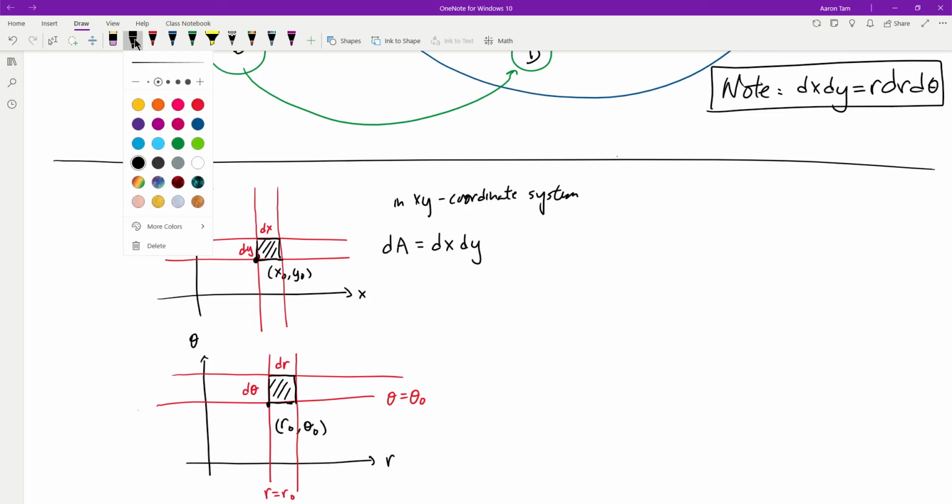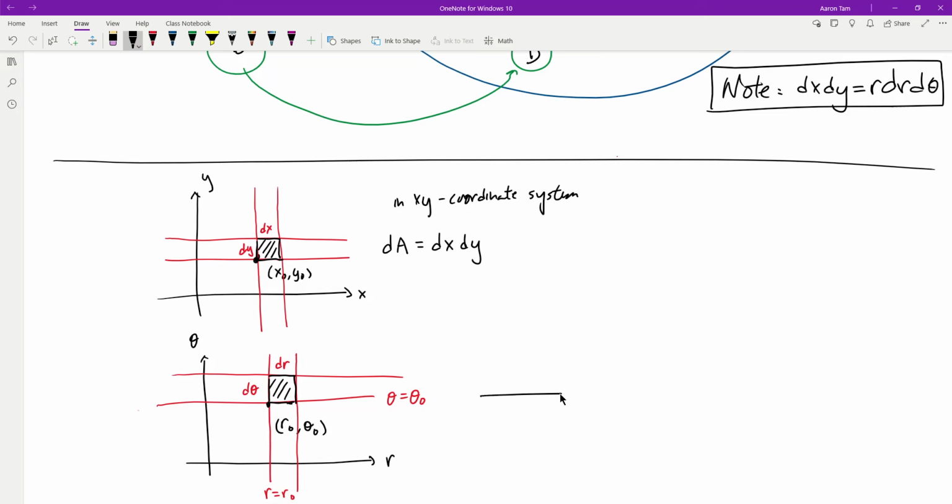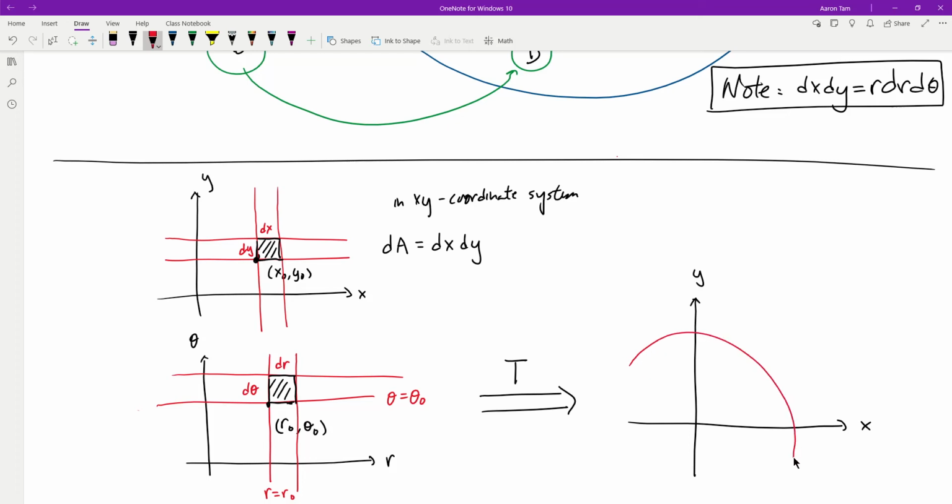If I now take this same exact picture and change it under the transformation, what would happen? Here's my xy coordinate plane. Take a minute to think: r equal to r sub 0 actually forms a circle. I'm going to draw the entire circle, something like this.